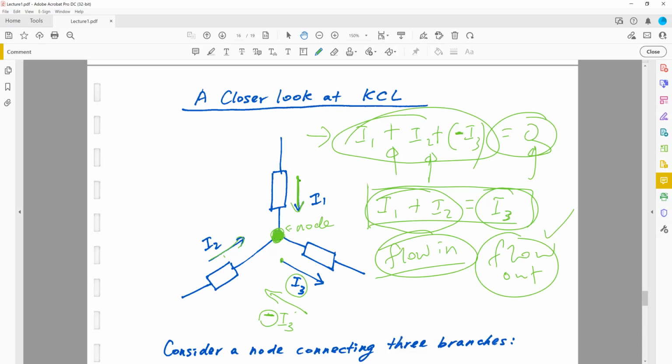So equivalently, I can say the current flowing into this node has to eventually flow out. Or in other words, the sum of the currents that flow into this node has to be balanced, that's why I have this equal sign, by the current that flows out.